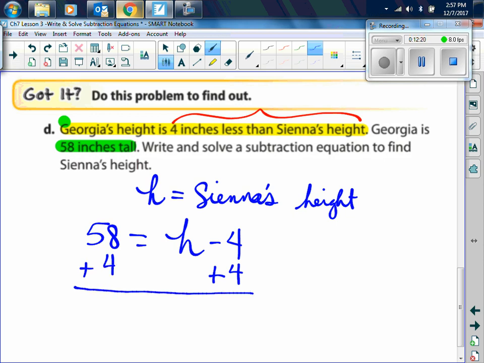Okay? Now, negative 4 and positive 4 are opposites. So those cancel to 0, and we're left with H on this side. And then on the other side, 58 plus 4 is 62 inches.